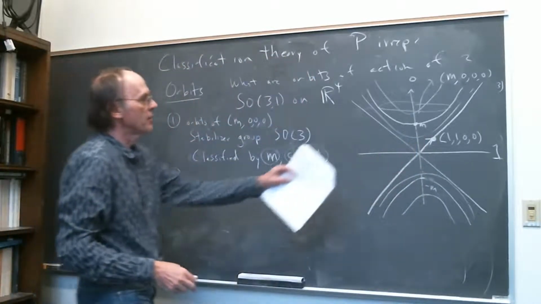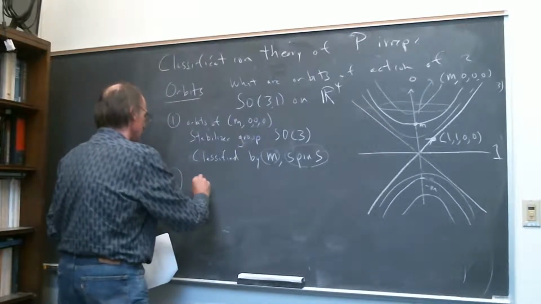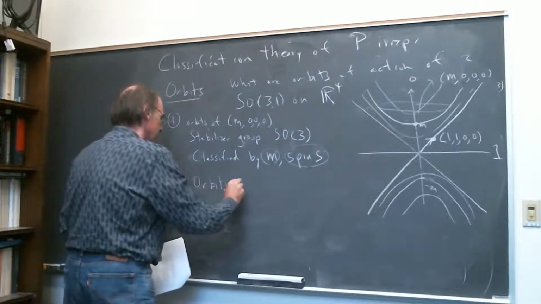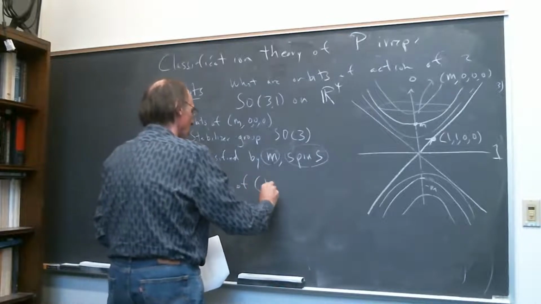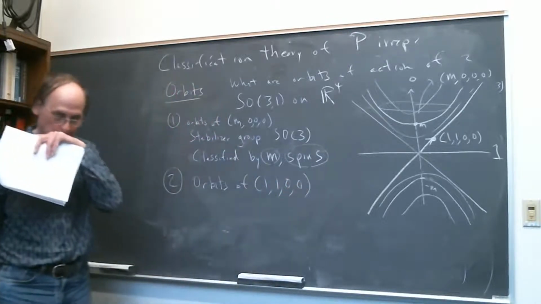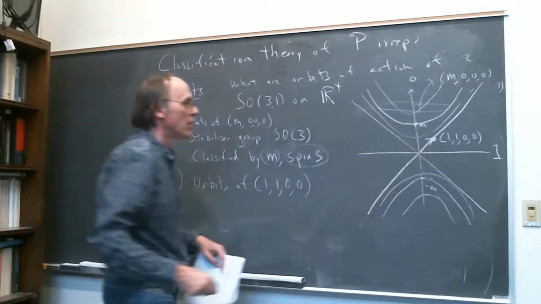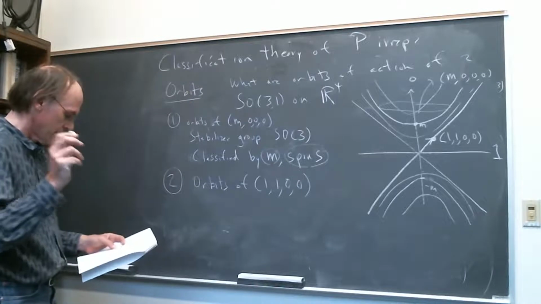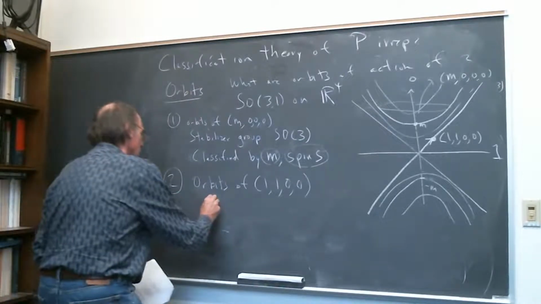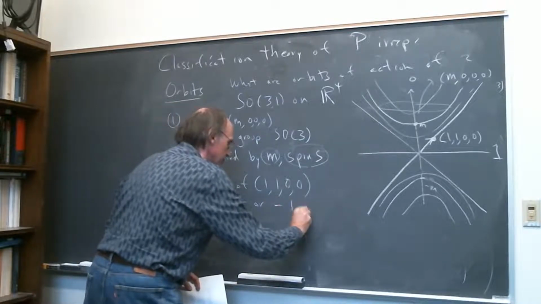Okay, then you're going to have another orbit. So you're going to have the orbits of 1, 1, 0, 0. If you look at what's going to happen, this is good. You get the positive or negative light cone.